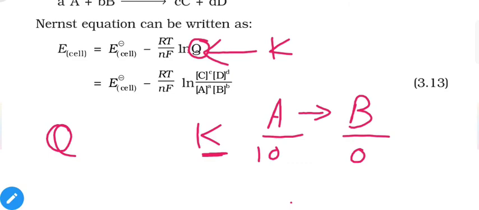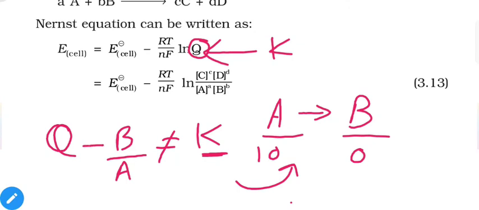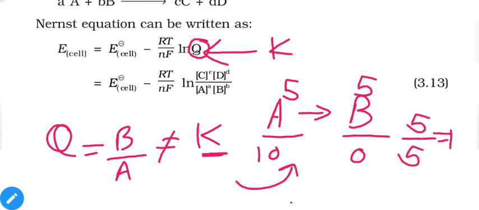So if we place concentration of product upon reactant at this concentration, it is not equal to K because equilibrium is not established. That means when equilibrium is not established, at that time concentration of product upon reactant will be considered as Q. Suppose at equilibrium concentration of A is equal to 5 and concentration of B is equal to 5. At that time concentration of B upon concentration of A is equal to K. Any other concentration values than this will give Q.